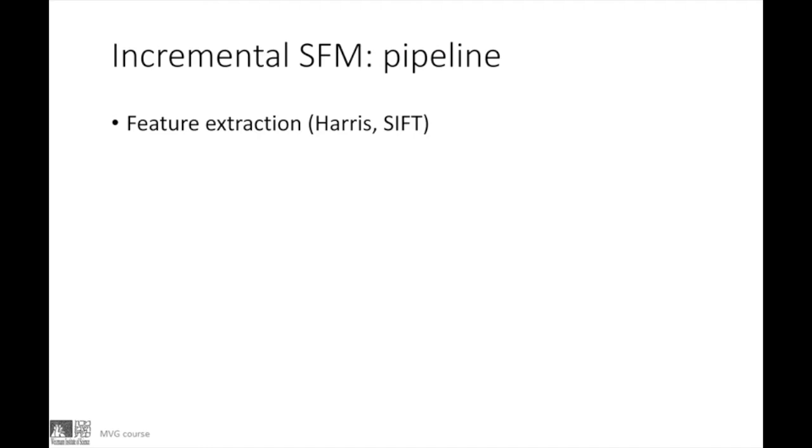Okay. So again, incremental SFM, we're speaking about the pipeline. First, we do feature extraction with Harris or SIFT. Then we want to match pairs of features. We saw how to do that with SIFT. One of the problems is that matching all pairs can be expensive.